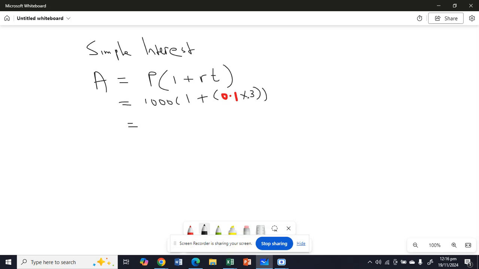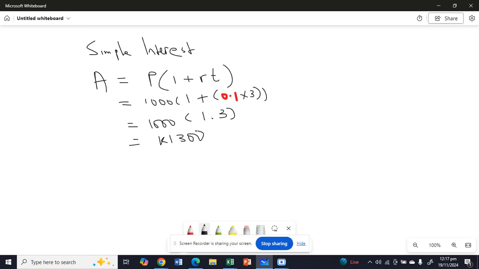So 0.1 times 3, that is 0.3. 0.3 plus 1, that's 1.3. So with 1,000, we have 1.3 multiplied by 1,000. And we're going to get 1,300 kwacha.